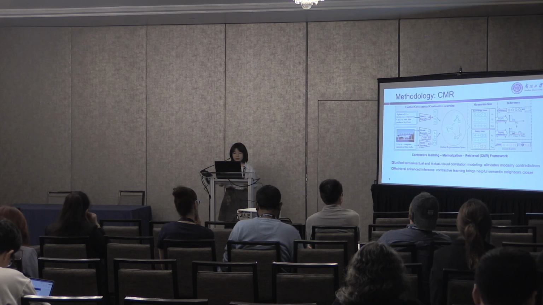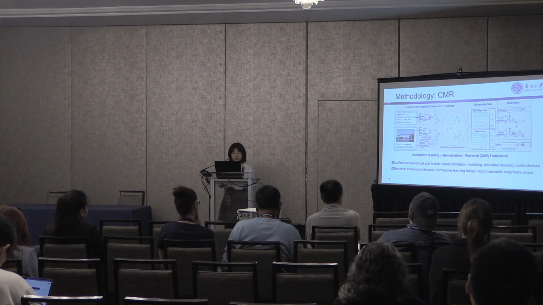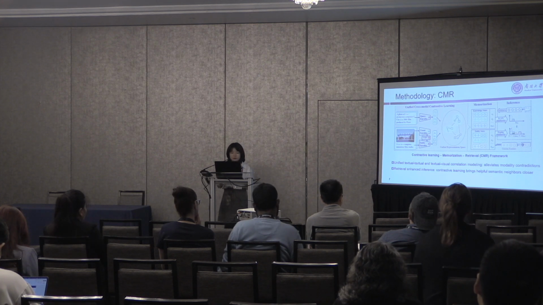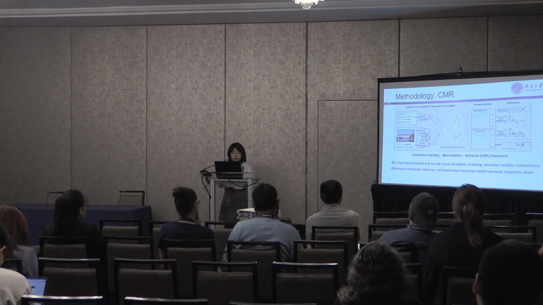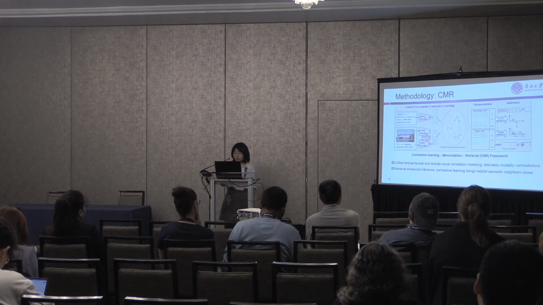Then we explicitly memorize the knowledge representations in the knowledge store and the entity store. During inference, we propose semantic neighbor retrieval-enhanced inference to aggregate the semantic neighbors at test time, which benefits from the contrastive learning and also requires less training cost.